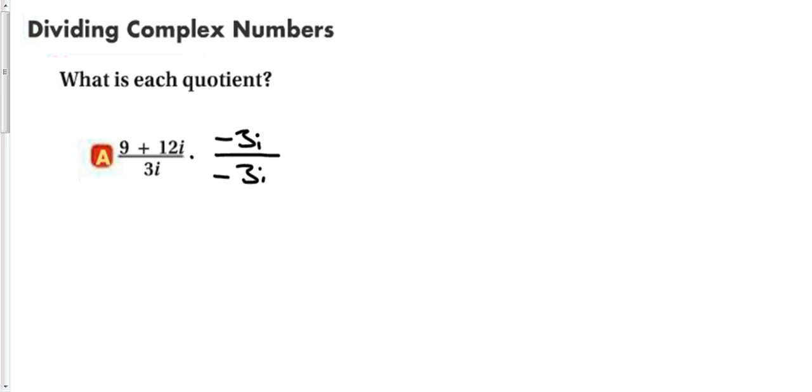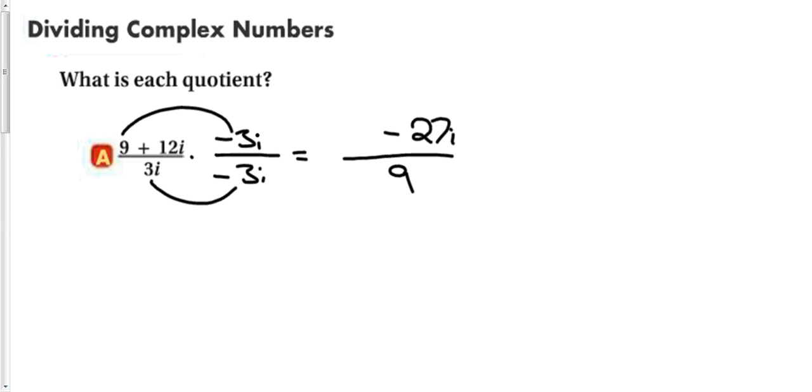Okay? Multiplying these two together, let's start with the denominator. This would give me negative 9i squared, which would turn into a positive 9. Okay. Next, 9 times negative 3i would give me a minus 27i, and a 12i times a negative 3i would give me a negative 36i squared, which would change to a positive 36.